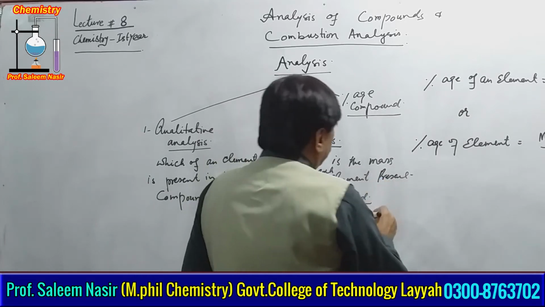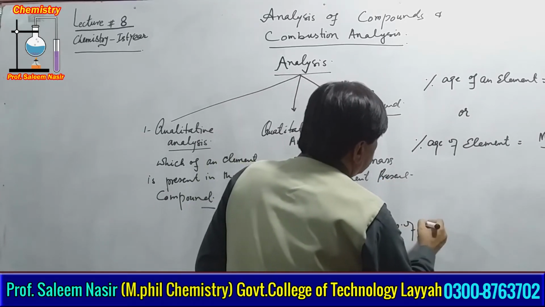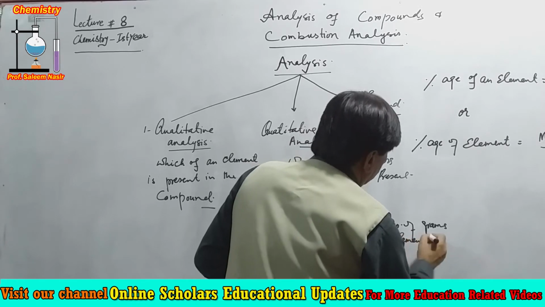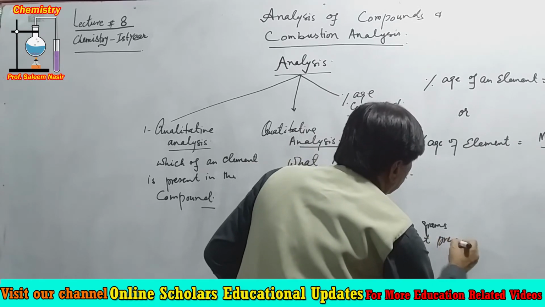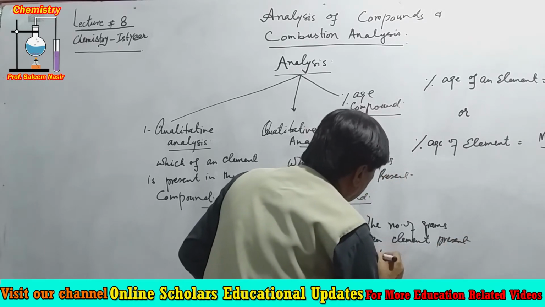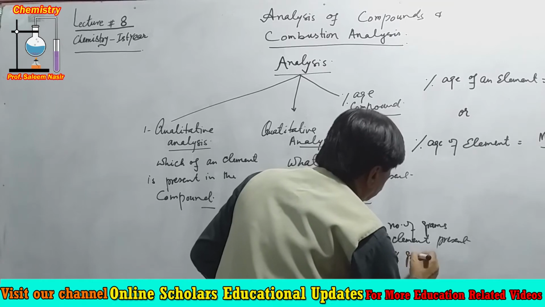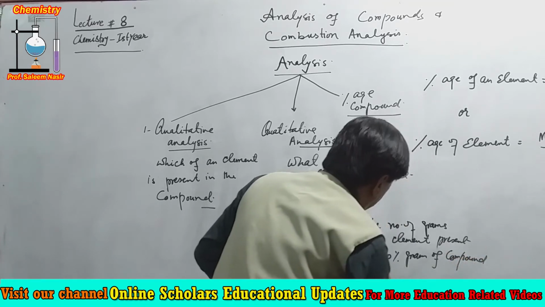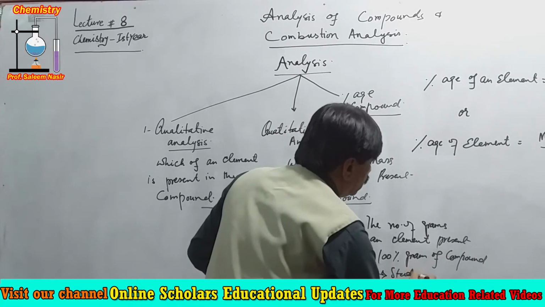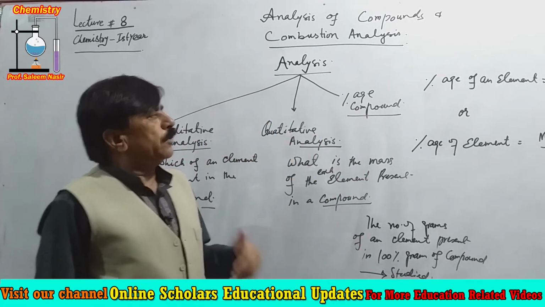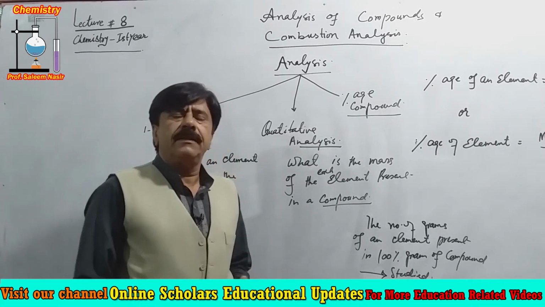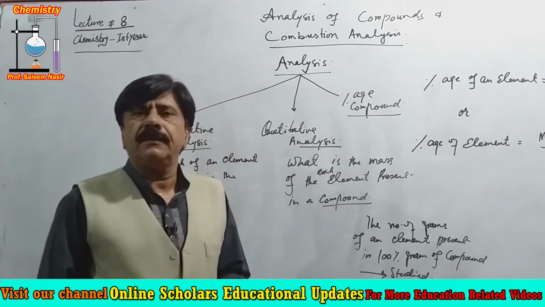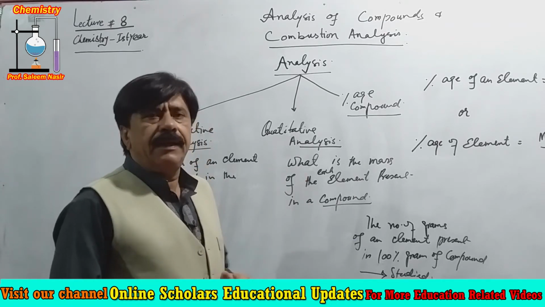Percentage means the number of grams of an element present in 100 grams of compound under study. जो भी compound under the process of the एनालिसिस है, उसके अंदर हर उस एलिमेंट की कितनी परसेंटेज कंपोजिशन है. तो दैट इज द थर्ड स्टेप फॉर द एनालिसिस ऑफ द कंपाउंड्स.